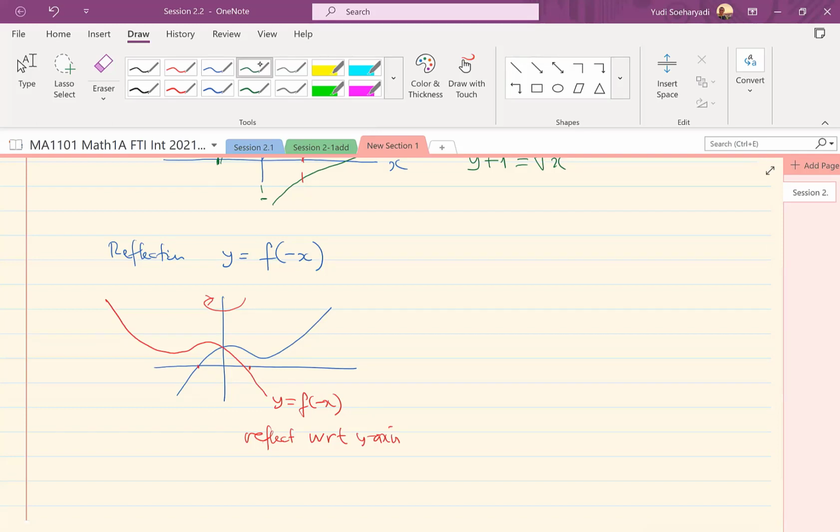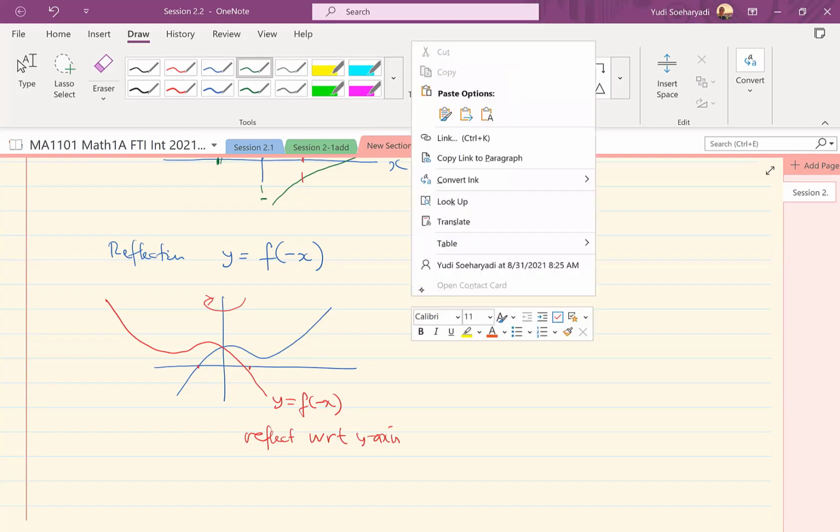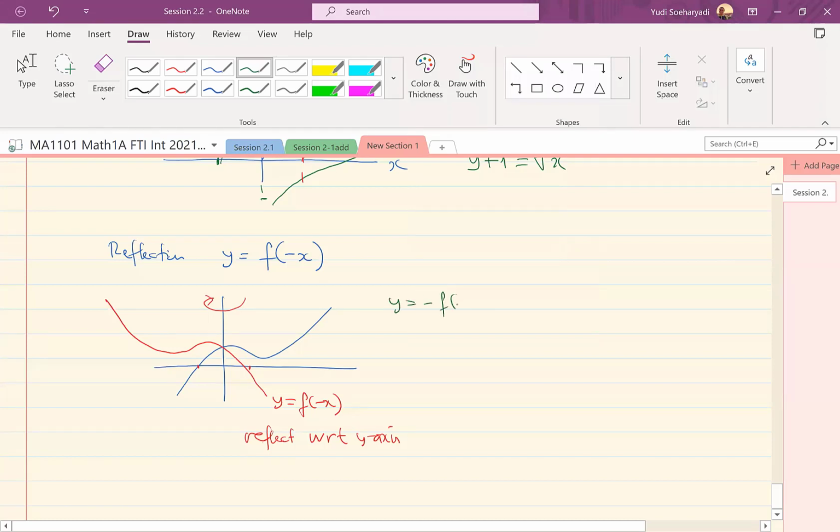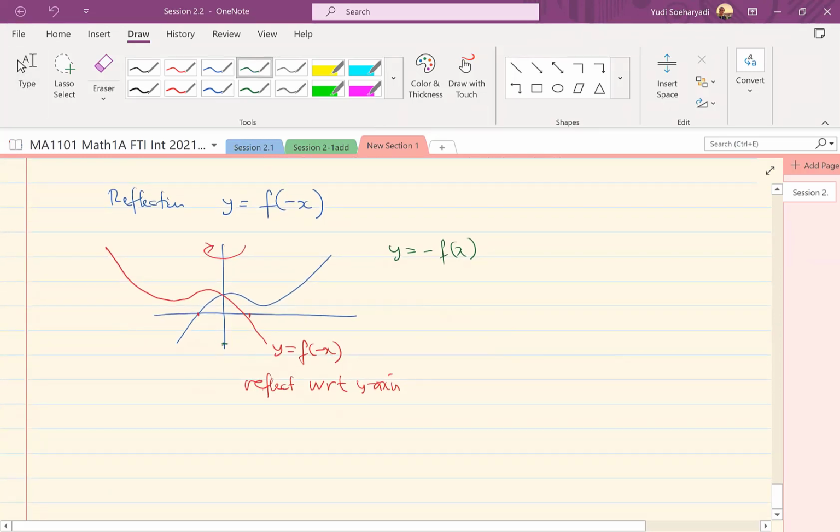But you can have also the other one. So this is reflect with respect to the x-axis. Okay.